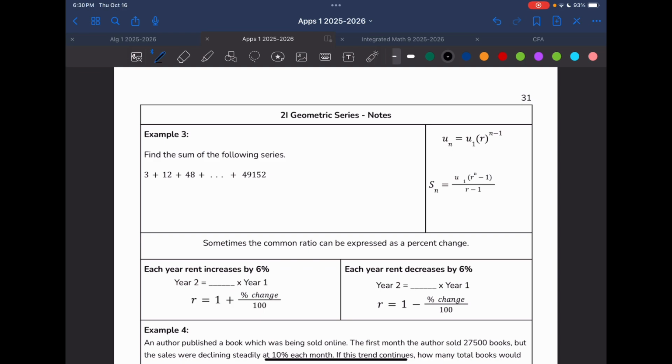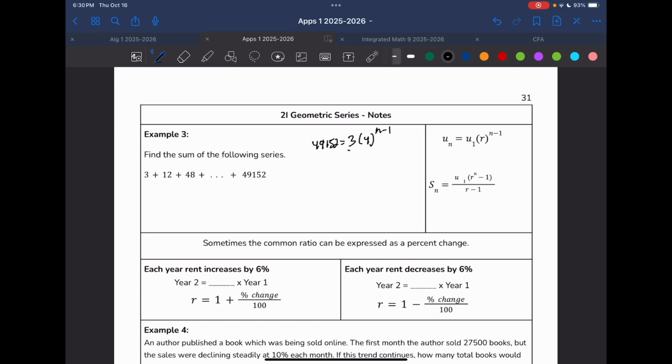So if we know Un is equal to U1 times r to the n minus 1, well, then that means this here, which is our Un, 49,152, is equal to U1, 3, times our common ratio, which we see is 4, right? Because 3, 12, 48, multiplying by 4 each time, to the n minus 1.